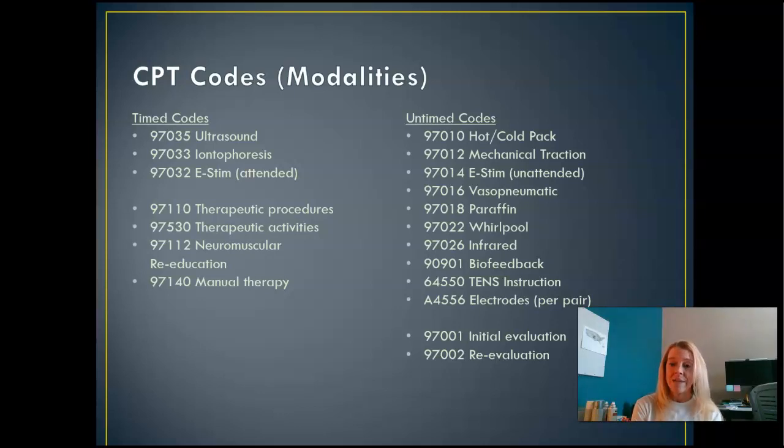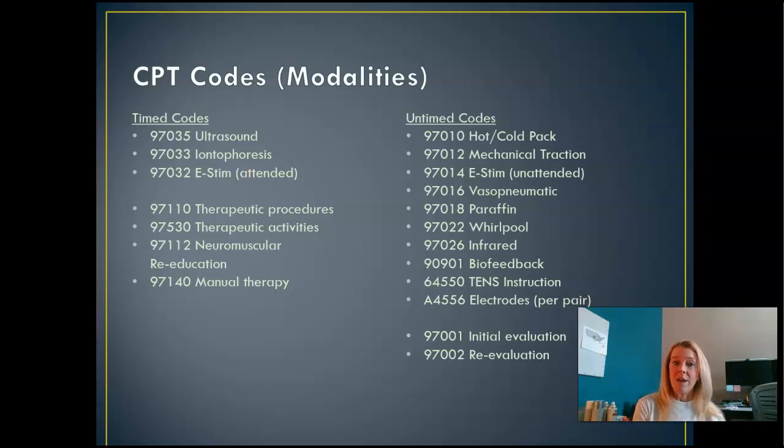Like for a hot pack, it doesn't matter how long you leave that hot pack on, you will bill 1 unit for that. If you leave a hot pack on for 10 minutes, you bill 1 unit of hot pack. If you leave a hot pack on for an hour, it's 1 unit of hot pack. So it doesn't matter how long those procedures take, you get reimbursed a certain amount just for doing them.